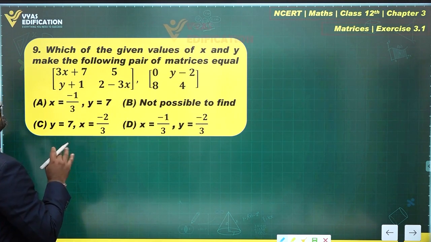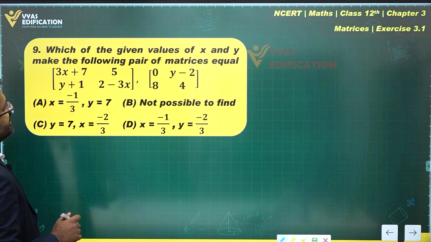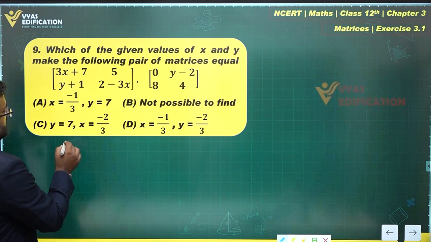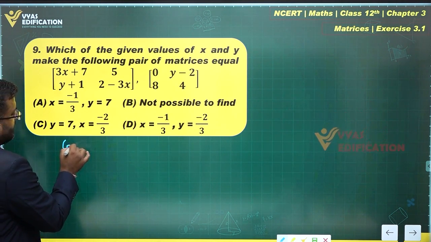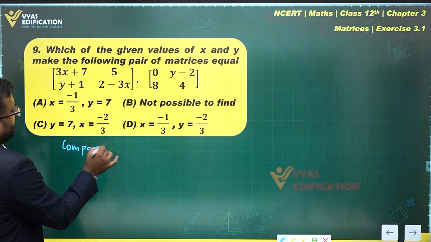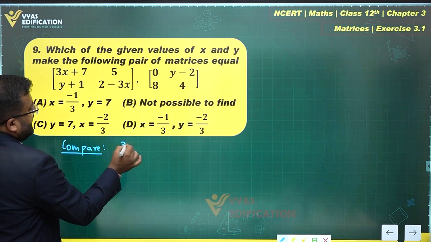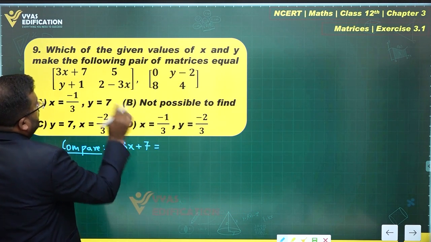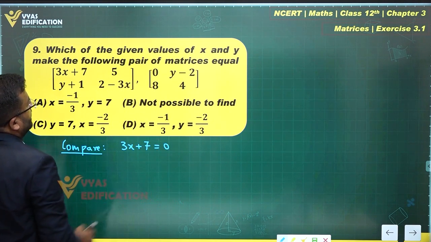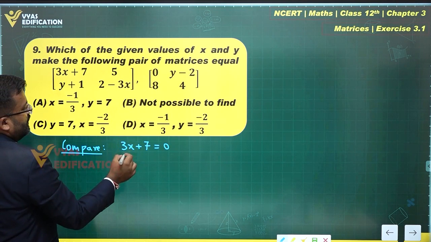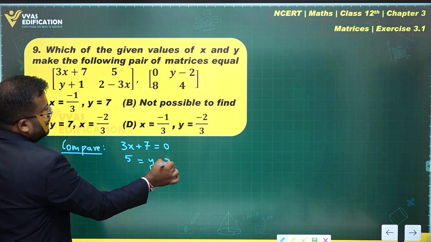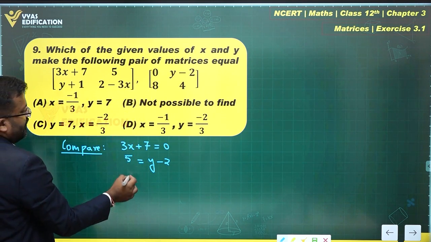Which of the following given values of x and y make the following pair of matrices equal? So let's compare. What do we get? 3x plus 7 should be equal to 0. 5 should be equal to y minus 2. y plus 1 should be equal to 8.